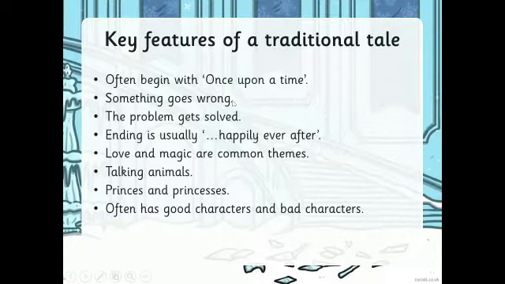Something goes wrong, so there's a problem in the story, isn't there? And then the problem gets solved, and the ending is usually happily ever after. Love and magic are common themes. There are talking animals sometimes in them. Sometimes they have princes and princesses, and they often have good characters and bad characters.